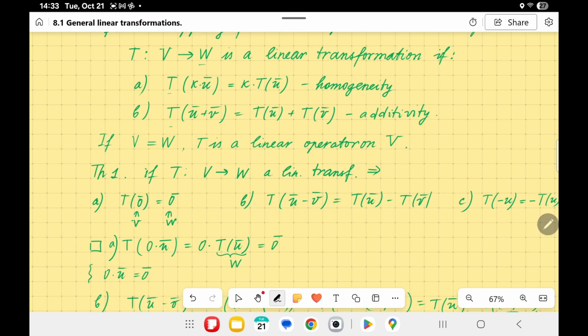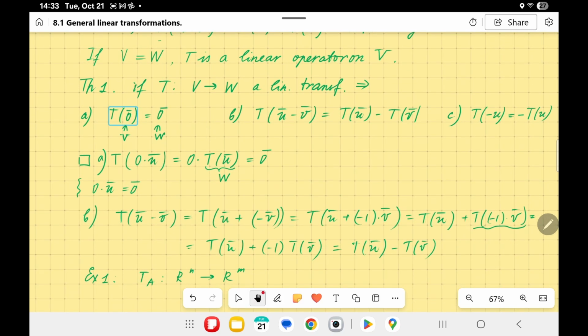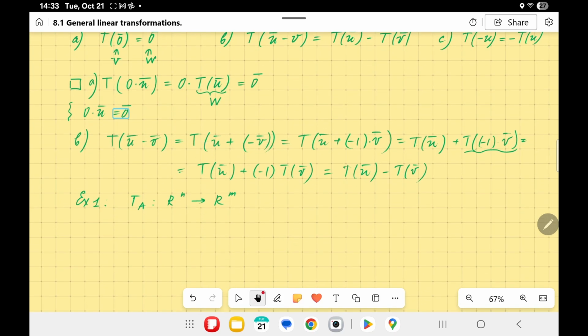So the idea of using these two properties as axioms or the definition of a general linear transformation comes from matrices, where we actually prove them. So matrix transformations are linear transformations. Well, we just proved that.